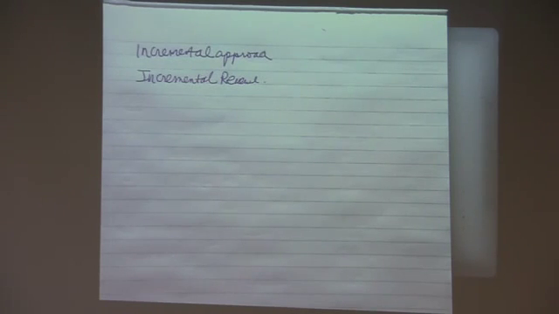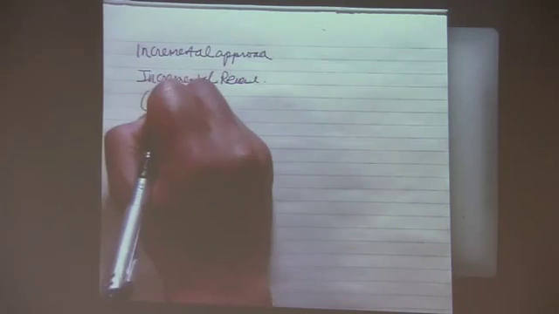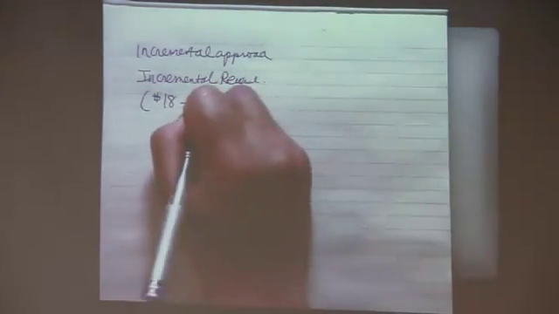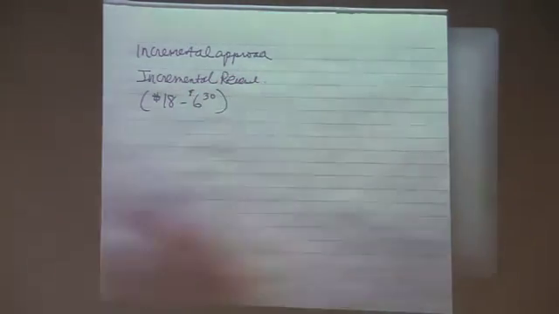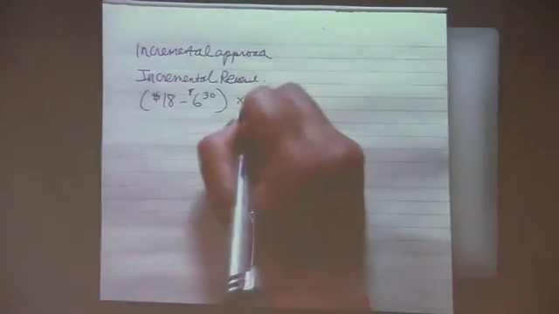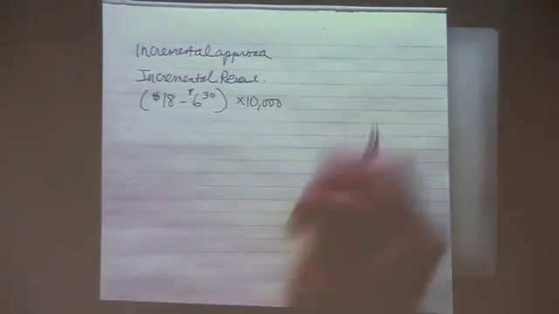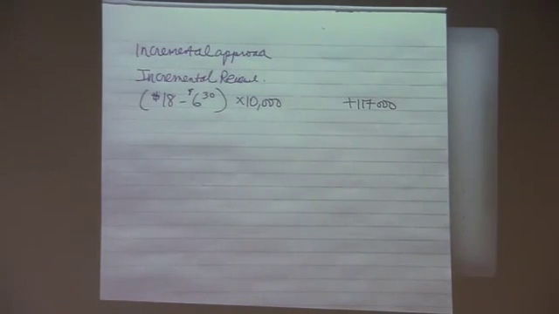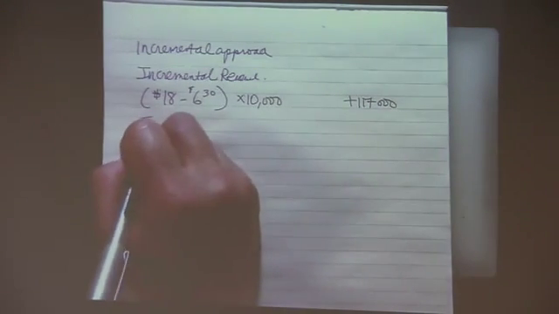The revenue is going to be $18. Versus if we didn't process it further, the revenue was $6.30. So the change times 10,000 units. So there's going to be 117,000 incremental revenue.